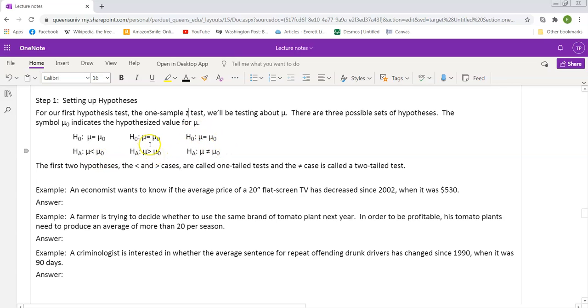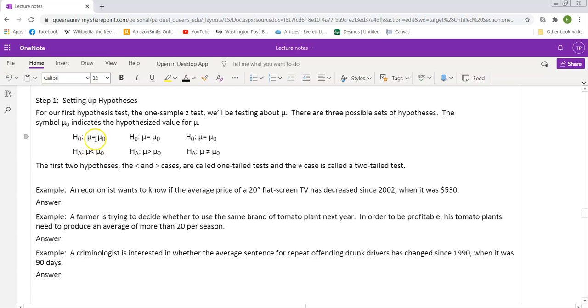For the other ones, this may at first seem odd to you that both of these are equals. But let me just say to start with that the opposite of mu greater than mu naught is mu less than or equal to mu naught. So you may see this null hypothesis as less than or equal to. For this one, the opposite of less than is greater than or equal to.